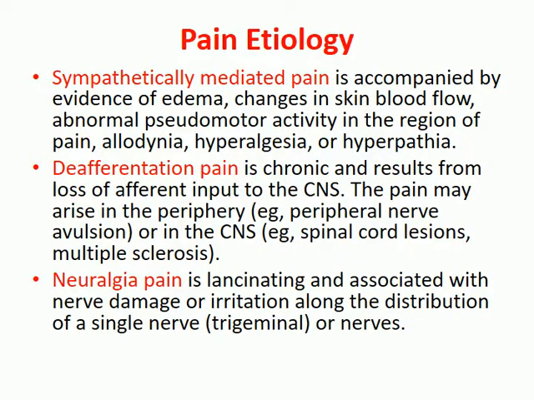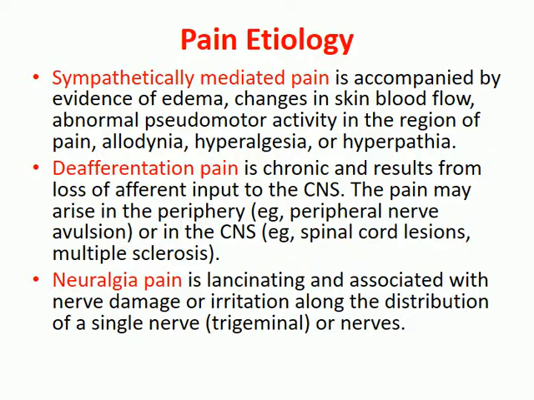Pain etiology. You have to remember that sympathetically mediated pain is accompanied by evidence of edema, changes in the skin, blood flow, abnormal pseudomotor activity in the region of pain, allodynia, hyperalgesia, and hyperpathia. Deafferentation pain is chronic and results from loss of afferent input to the central nervous system.